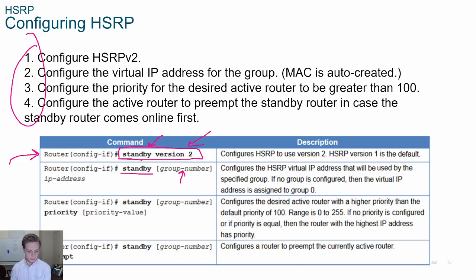So then we're going to, again, use the standby command. Now you'll see we're in the interface configuration mode. Just keep that in mind. So we didn't go into a standby configuration mode. We went into an interface configuration mode.